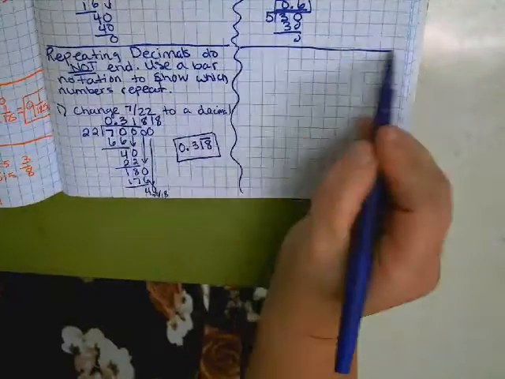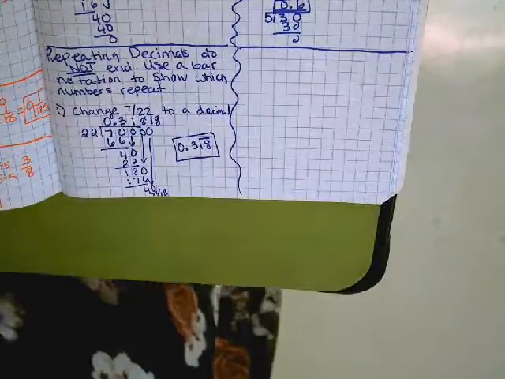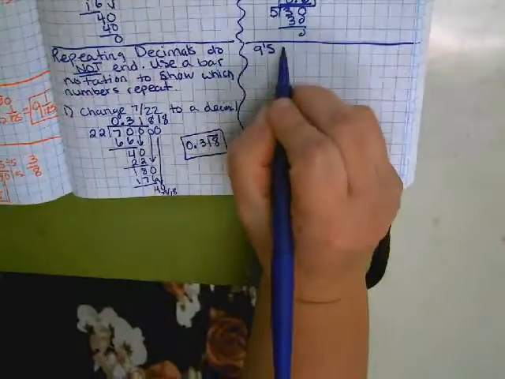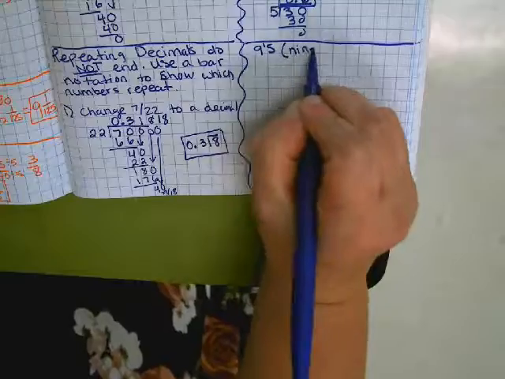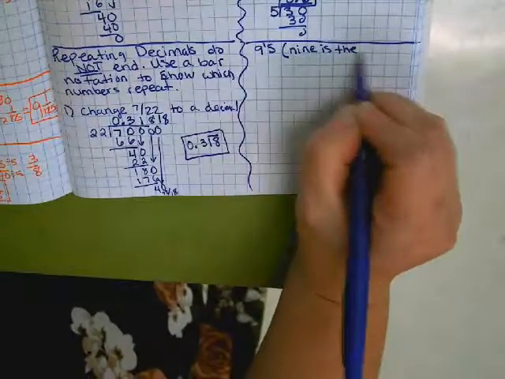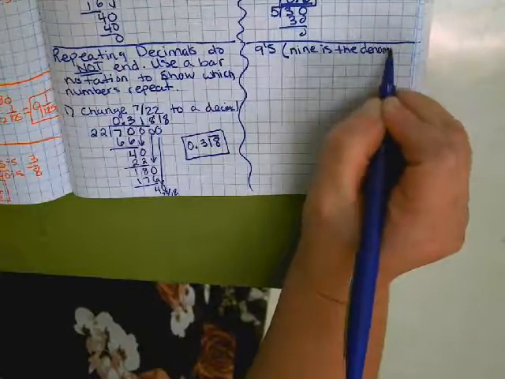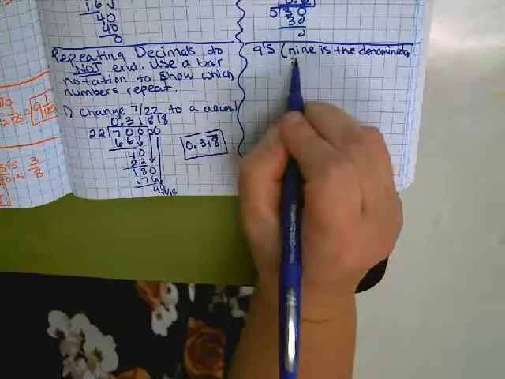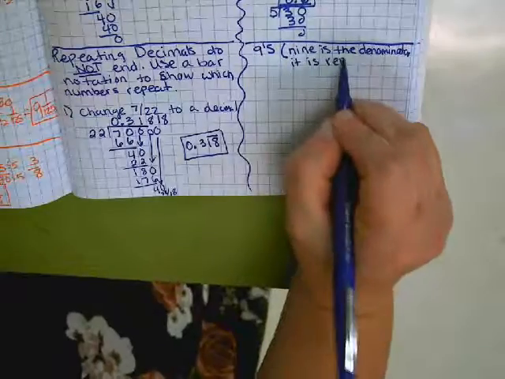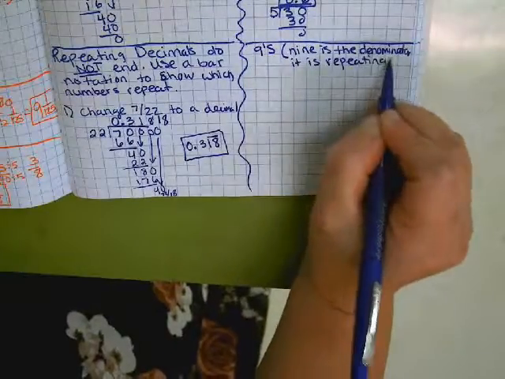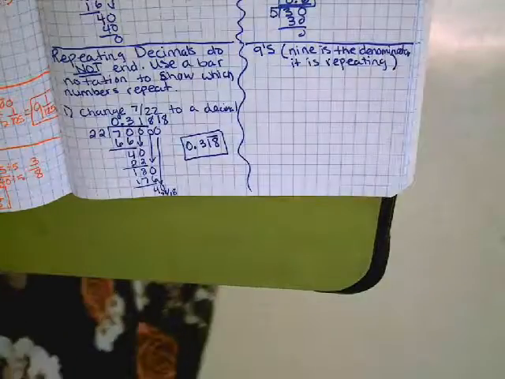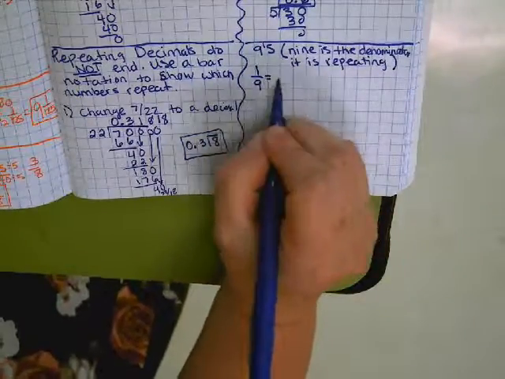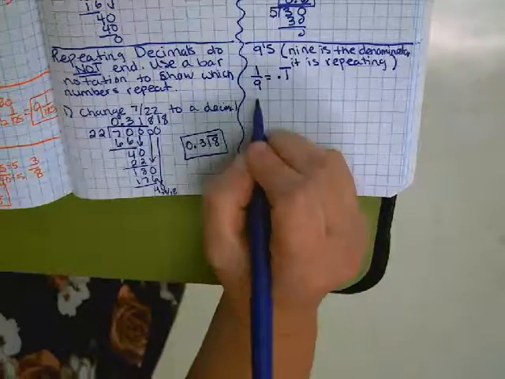Now, there is a special set of repeating numbers, which are 9s. So if 9 is the denominator, it is repeating. And it's going to repeat the numerator. For example, 1/9. It's going to be the numerator repeating, so 0.1 repeating. 2/9.